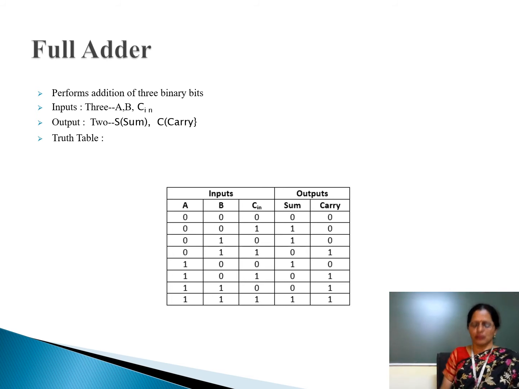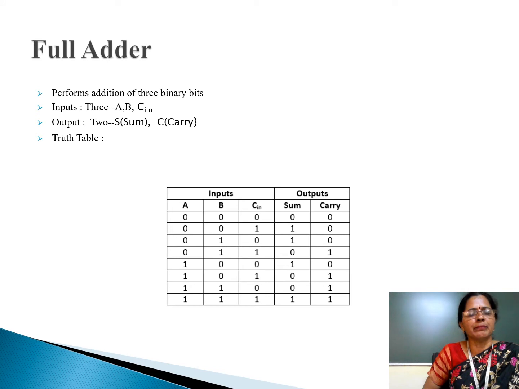The two outputs sum and carry are the same as in the before device, the half adder, but here the number of inputs is 3, whereas in the half adder you have 2 inputs.